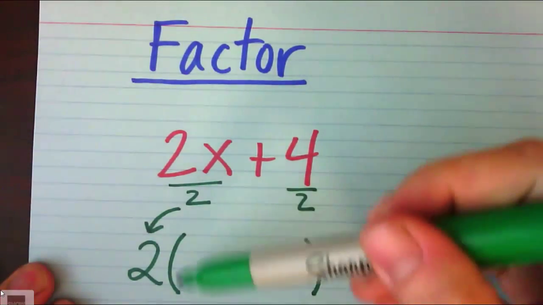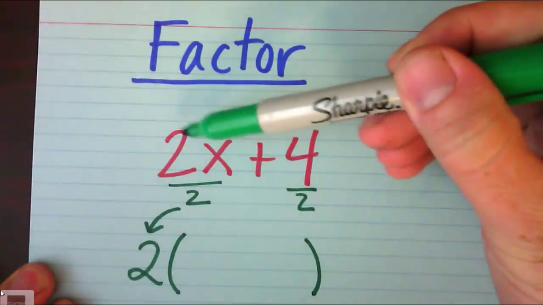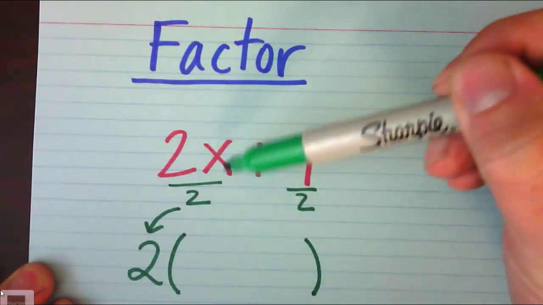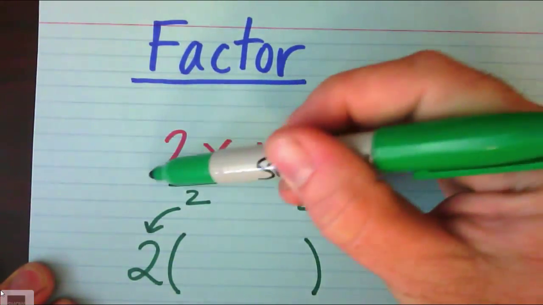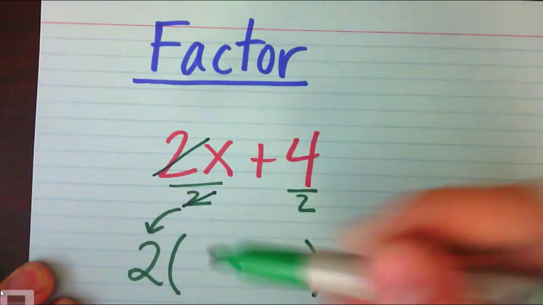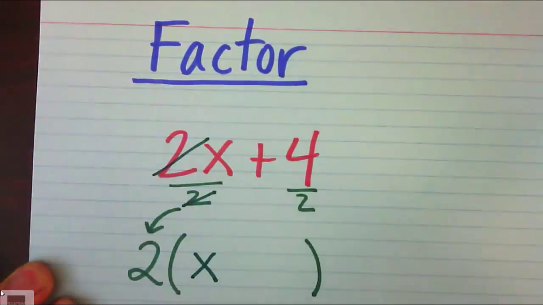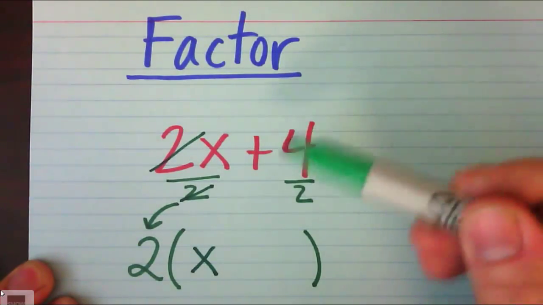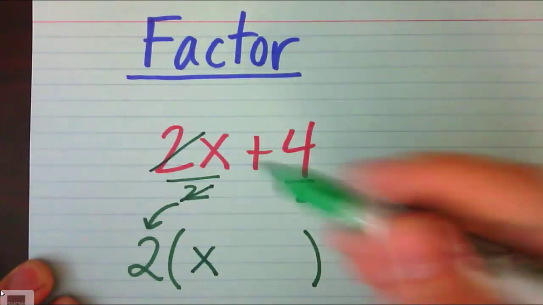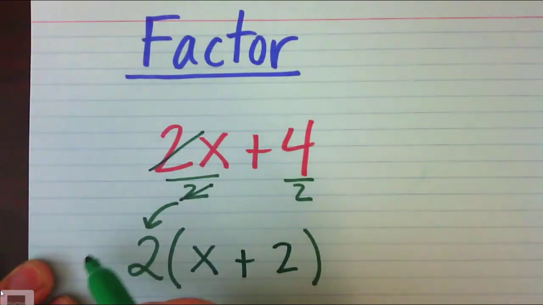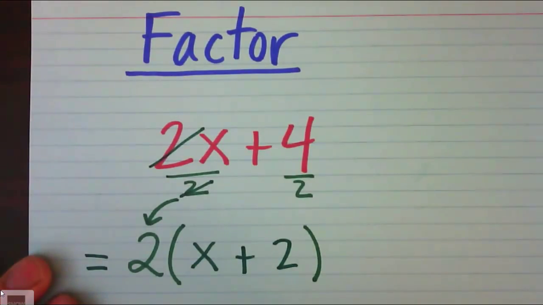Now, the stuff that goes inside is the result of when you divide by this GCF. So if I divide, those 2 things cancel out, and I'm just left with the x term. And then when I divide these 2 pieces, if I do plus 4 divided by 2, that gives me 2. And we've just factored this problem.